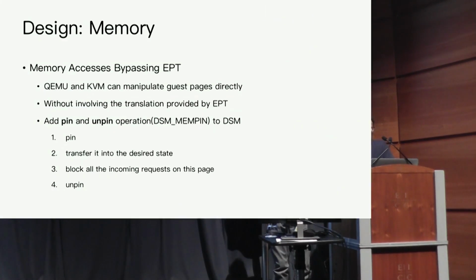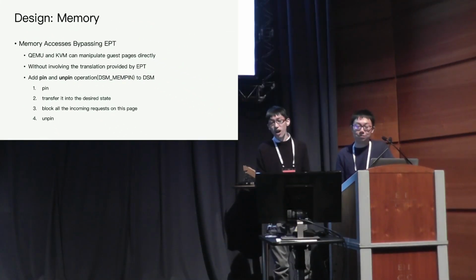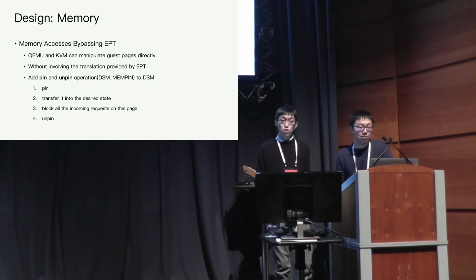And then the second challenge is that there can be memory accesses bypassing the protection provided by EPT, because the guest memory is allocated by QEMU, so QEMU and KVM can manipulate these guest pages directly. The solution is to add pin and unpin operations exposed as DSM pin ioctls to QEMU.